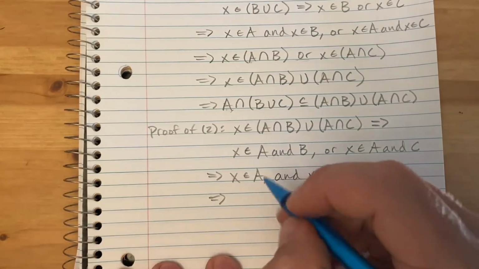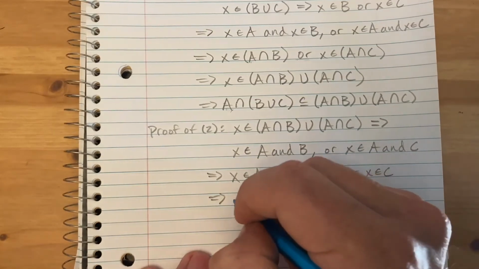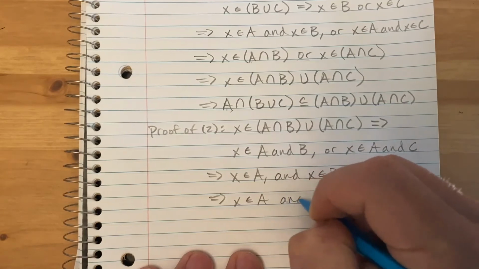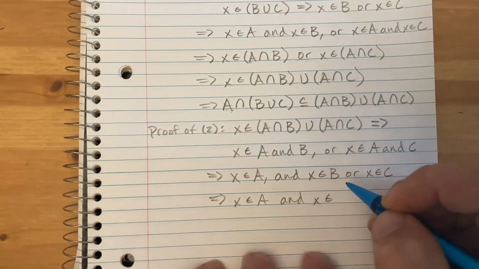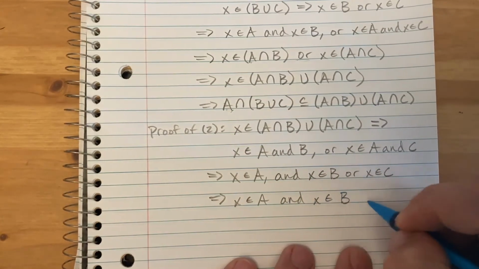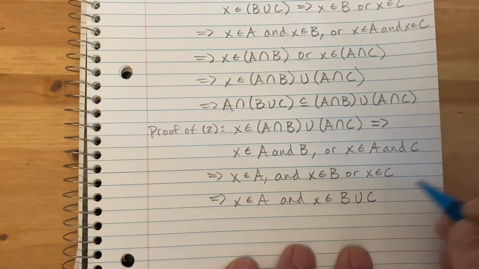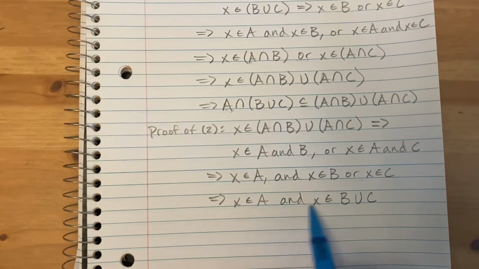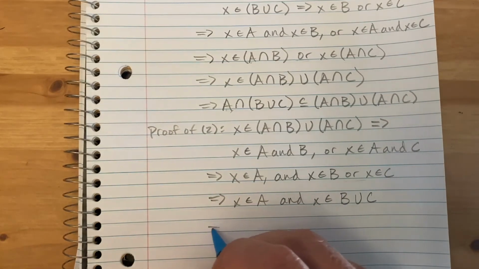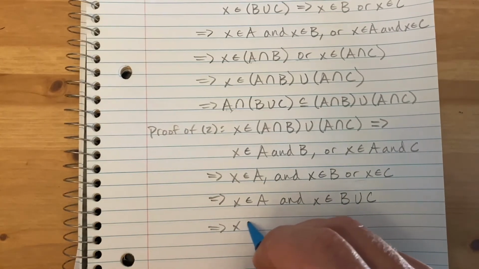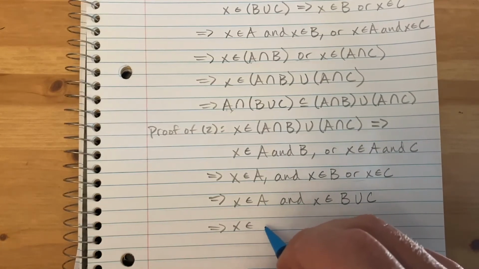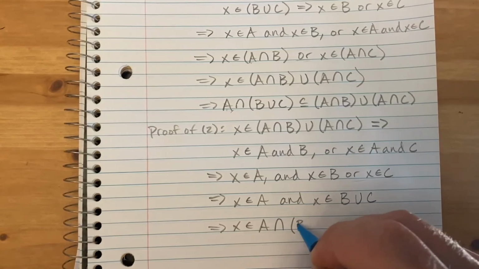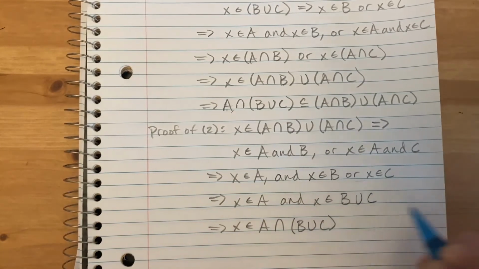That implies that x is an element of A and x is an element of B union C, right? Because this is just the definition of a union, and this is the definition of an intersection. So x, therefore, is an element of A intersect (B union C).